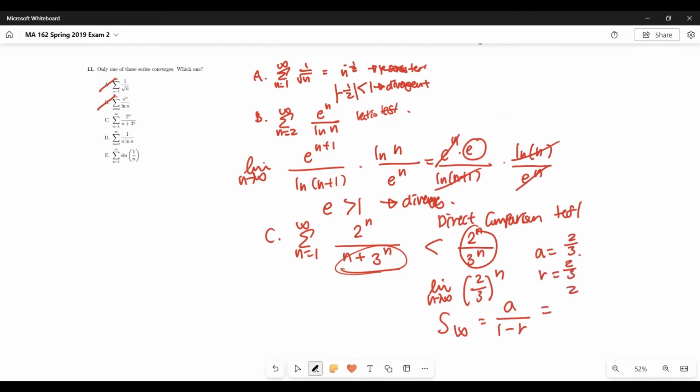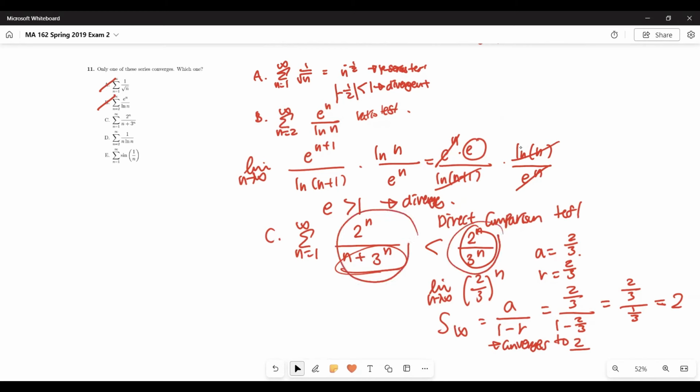So this is 2 over 3 over 1 minus 2 over 3, which is equal to 2 over 3 over 1 over 3. So this just becomes 2, which converges to the value 2. Since the bigger one converges, the smaller one will also converge. So C is right. Let's look at D and E as well, just in case.